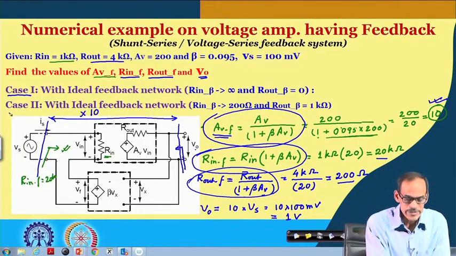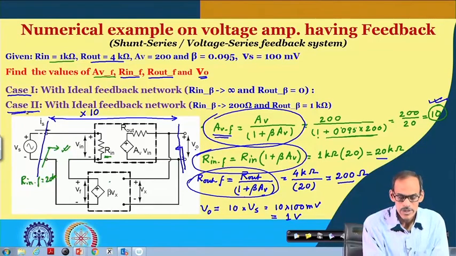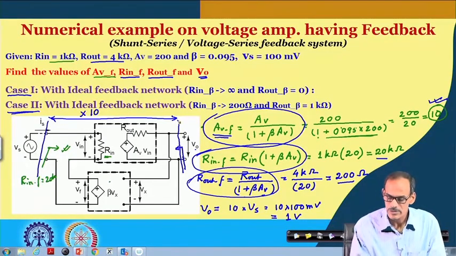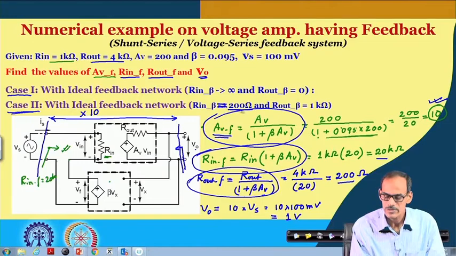Now, if I consider the second case, I should not say it is ideal. So, this part may be ideal, but with finite resistance. In fact, we are considering relatively low input resistance.